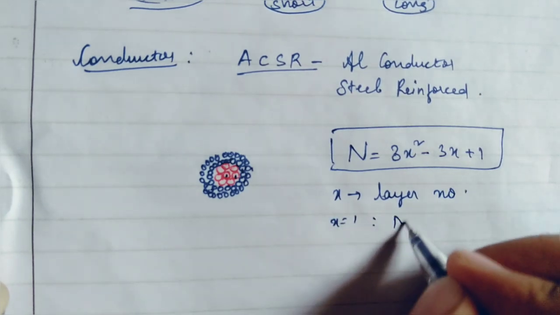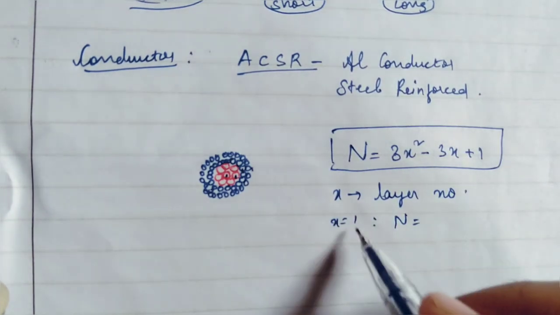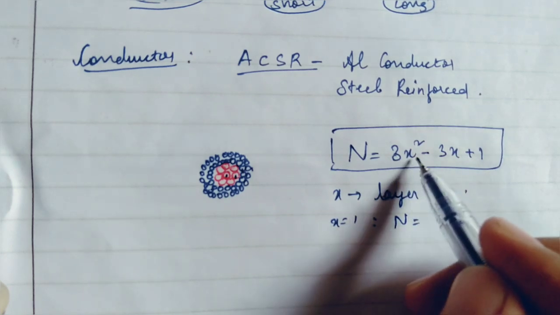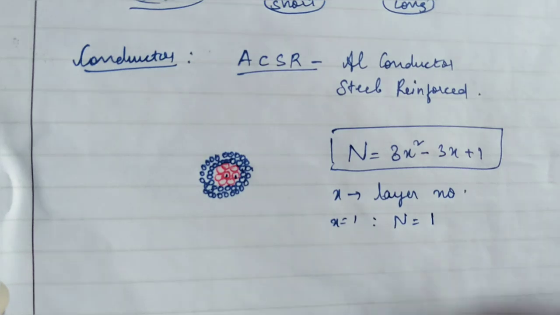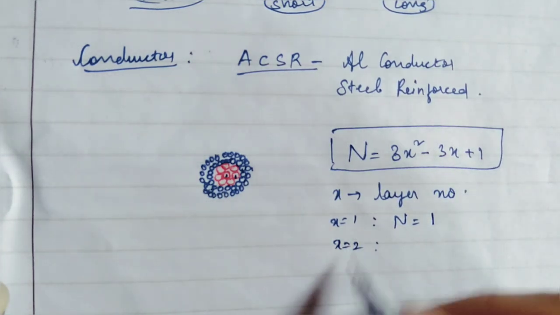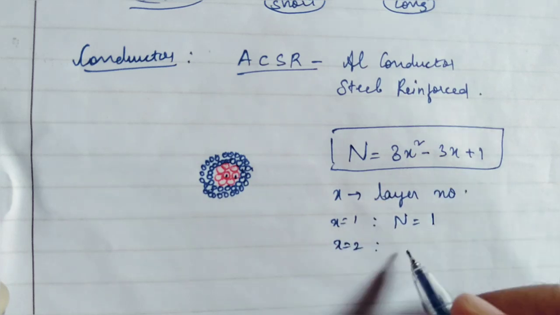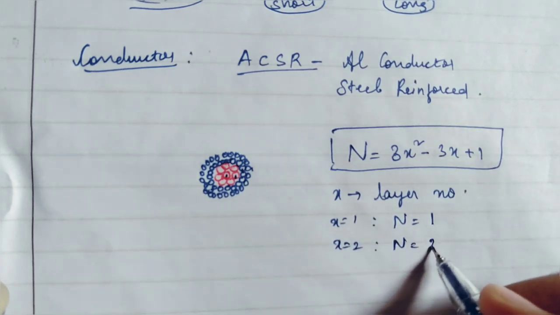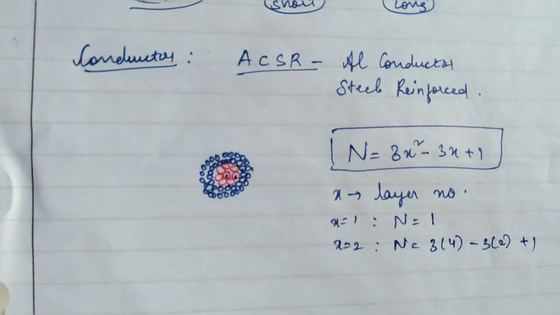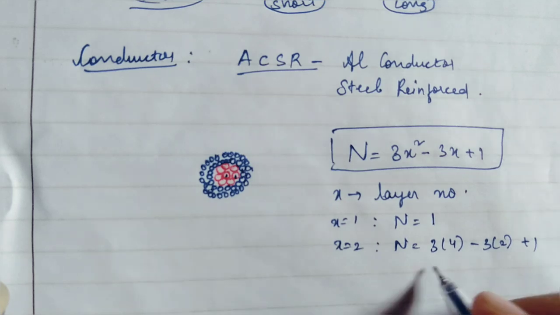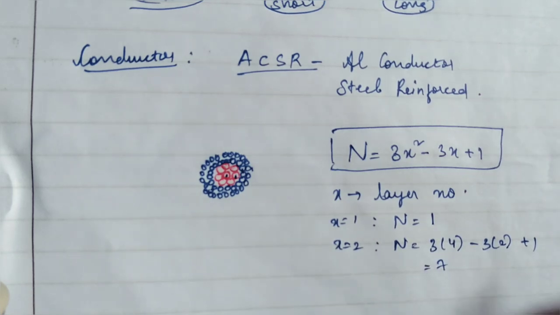The number of conductors in that layer is, substitute 1, 3 into 1 minus 3 into 1, this is 0 plus 1, so 1. There is only one conductor. For x is equal to 2, that is in the second layer, substitute 2, n is equal to 3 into 4 minus 3 into 2 plus 1, which is 12 minus 6 plus 1, which is 7. There are 7 conductors in the second layer, and so on.